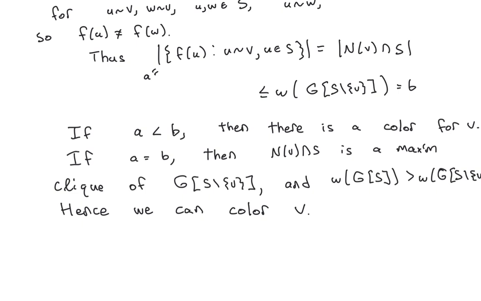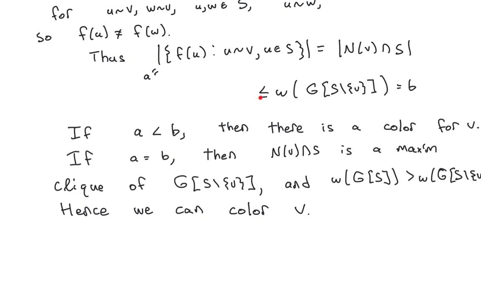There's no repeats, and so the size of this set is equal to the number of neighbors of V that are in S. Since this forms a clique, I know that this is bounded from above by the clique number of the induced subgraph on S take away V. We're going to call that B for right now.